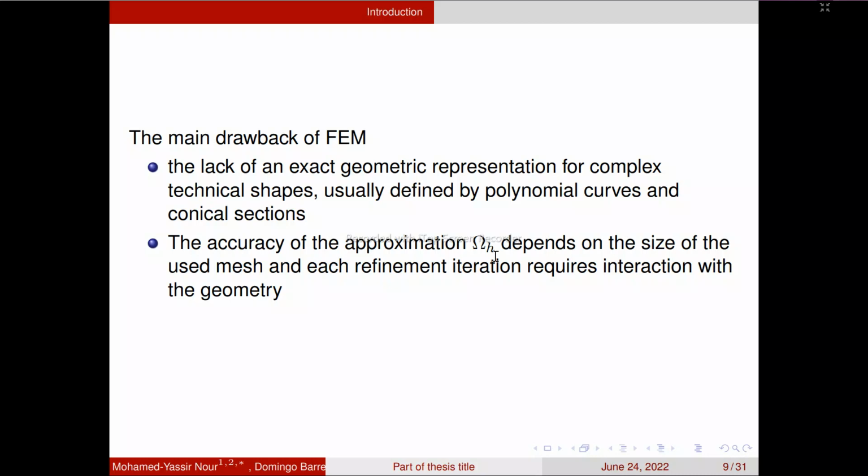Also, the approximation always depends on the size of the mesh, and that makes refinement iterations require an interaction with the geometry.